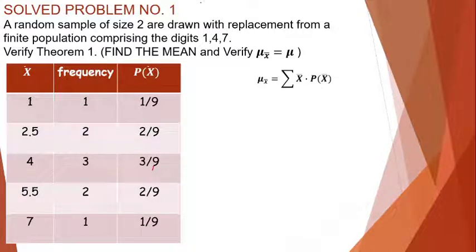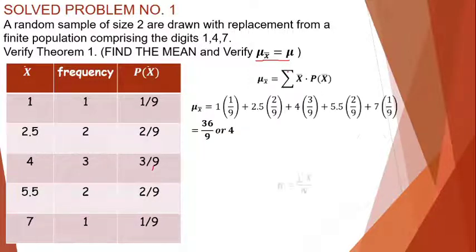So, we are going to verify that the population mean of the sample mean is equal to the population mean. We have some formulas, di ba? Ngayon, ang ginawa natin dito, the x times the probability.